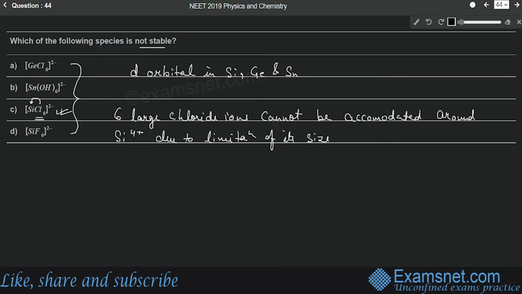And then there is one more reason. Another reason is the weaker interaction. Okay. So this is one reason, and the another is interaction between the lone pair of chloride ion and silicon ion are very weak. Okay. Lone pair of chloride ion and silicon ion is not strong. So due to these two reasons, this compound or this species is not formed.